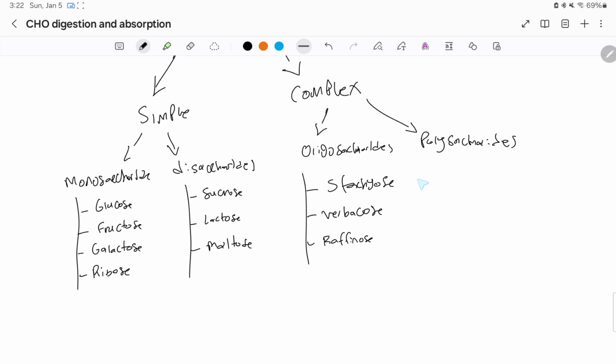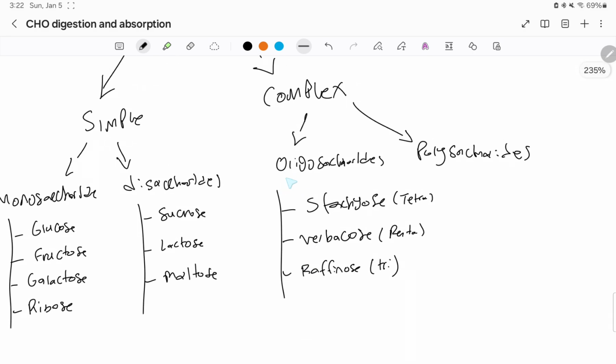Stachyose, for example, is a tetrasaccharide. Verbascose is a pentasaccharide. And raffinose is a trisaccharide. But oligosaccharides are generally classified as anywhere between 3 to 10 sugar units. So for example, anywhere between 3 to 10 glucose units would classify here.